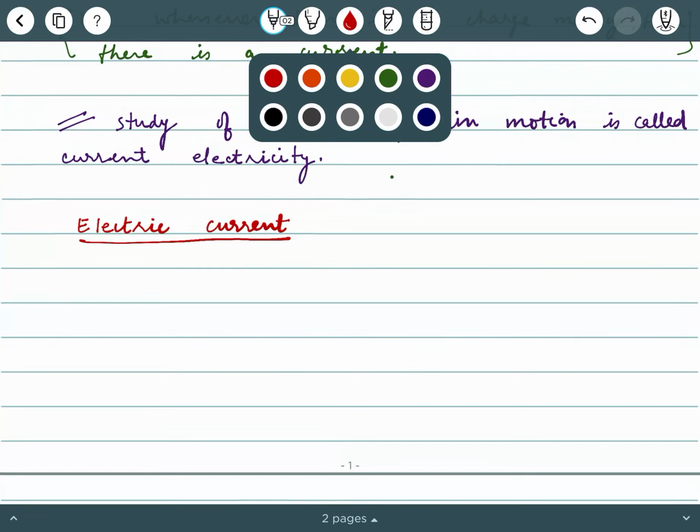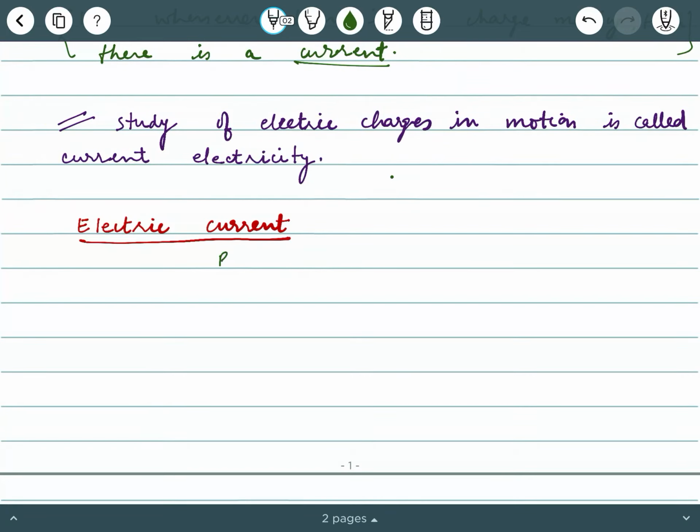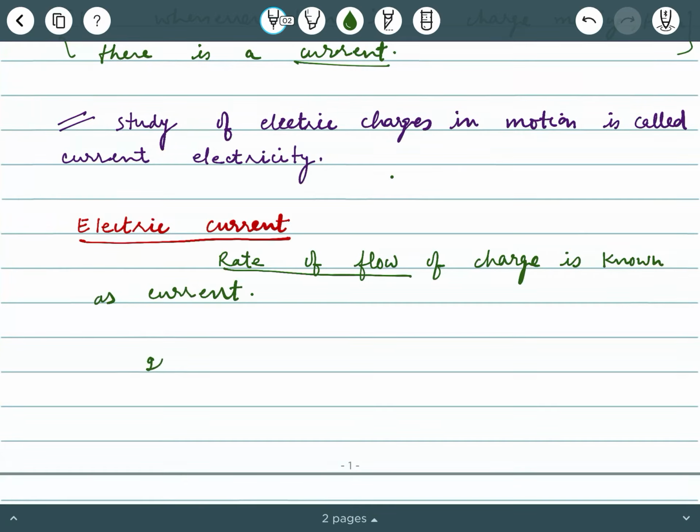First of all, I'll write a very simple line. Quantitatively, rate of flow of charge is known as current. Simple. Magnitude of current, rate of flow of charge. What does it mean?